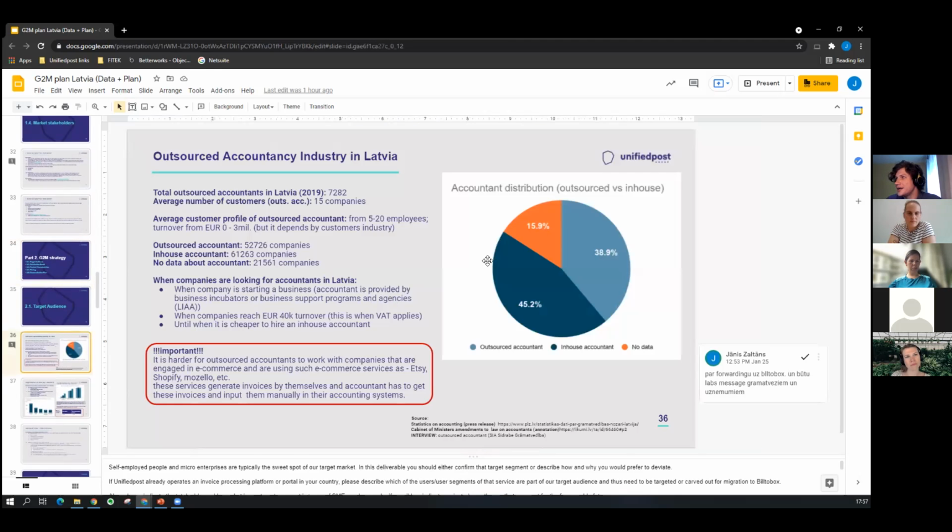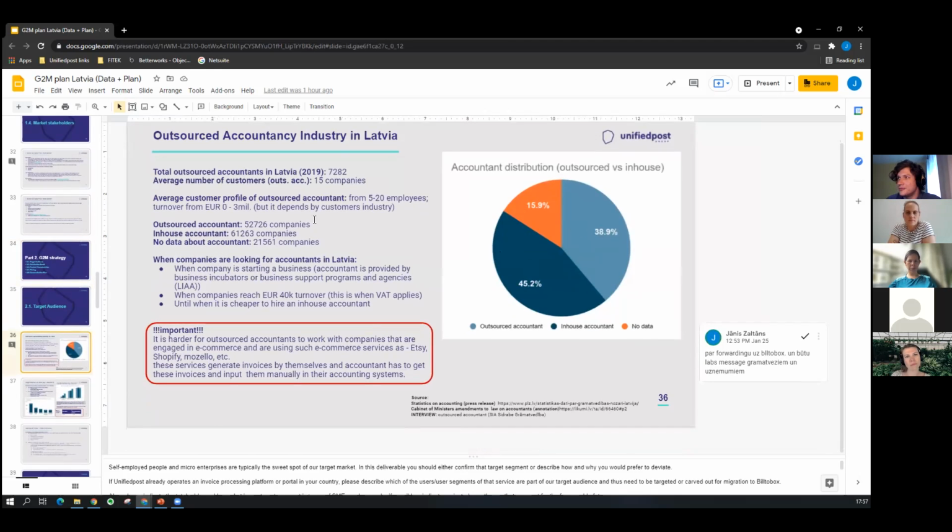Here I had numerical information. I understood how many outsourced accountants there are, and how many customers those accountants have. Basically, this information was gathered in the data acquisition part. All the information I can see here is something I already researched before.